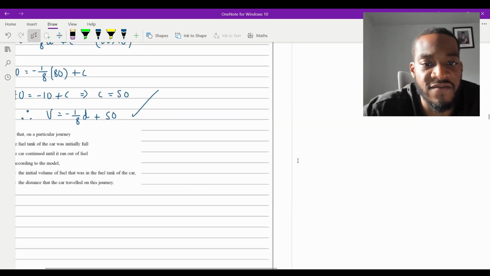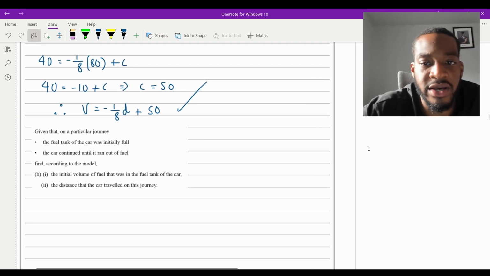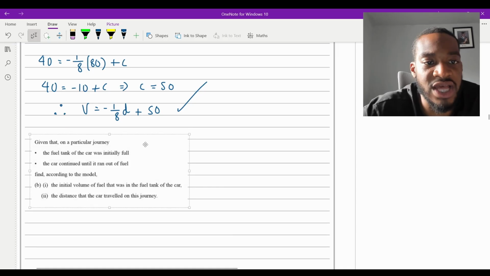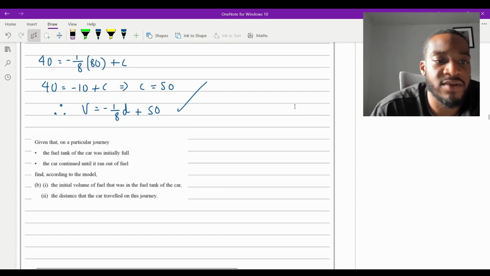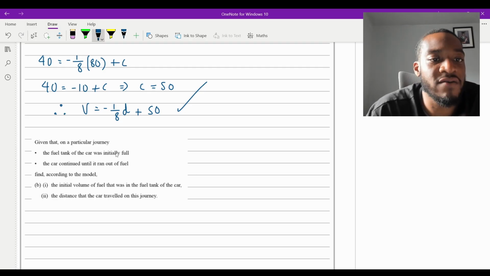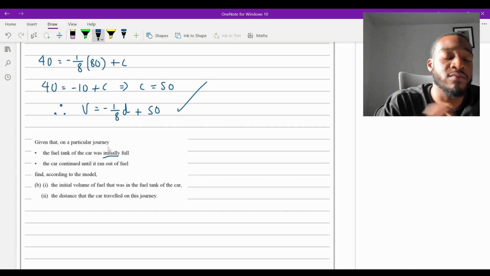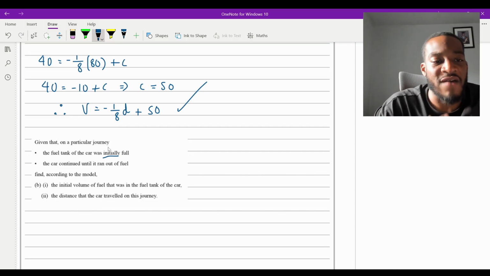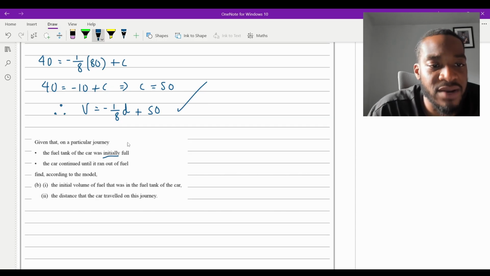All right, so this is the information given to us. And we know the general model is that one over there: V is equal to minus an eighth D plus 50. And the first bullet point tells us that the fuel tank of the car was initially full, right? Initially full. Well, if you think of that word initially, that means at the start. We know we're dealing with the distance traveled and the volume of fuel. At the start, you haven't traveled anywhere. So this implies here that D is 0.